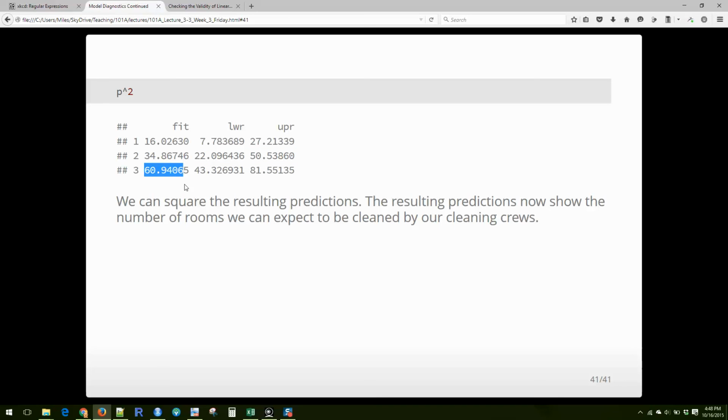And with 16 cleaning crews, my best guess is like 61, but I can guess anywhere between 43 and 82. And so when we apply the transform back to P, we get our diverging predictions as well.